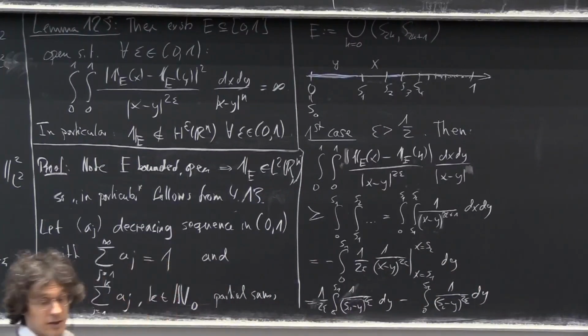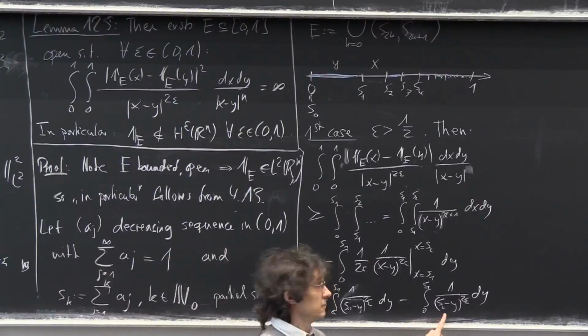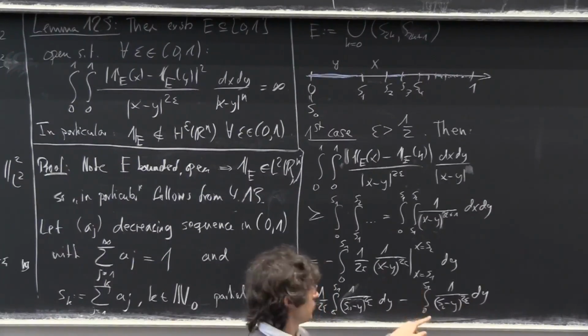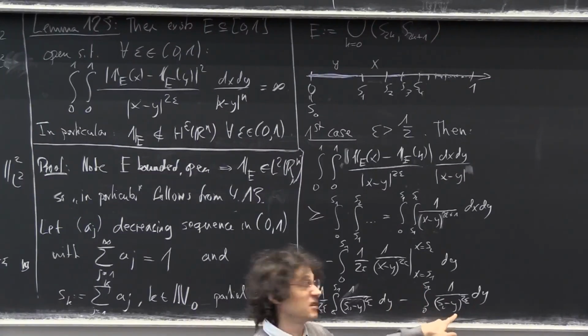And now if you look at these two integrals, the second one is finite, because S2 is strictly larger than S1. You integrate from 0 to S1 the function 1 over (S2 minus y), which is a nice continuous function here.